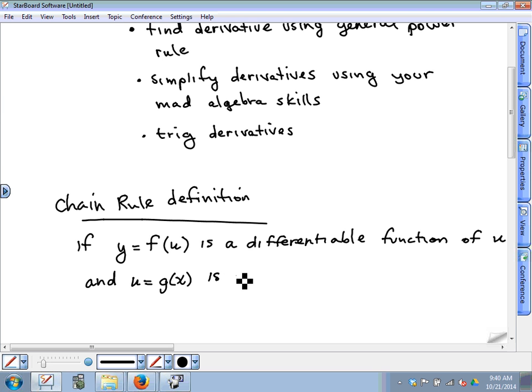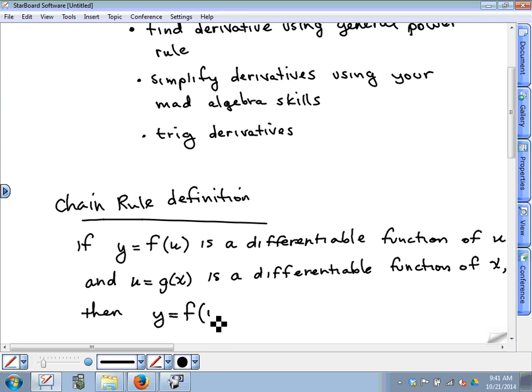And u equal to g of x is a differentiable function of x, comma, then y equals f of u really can be written as y equals f of what?